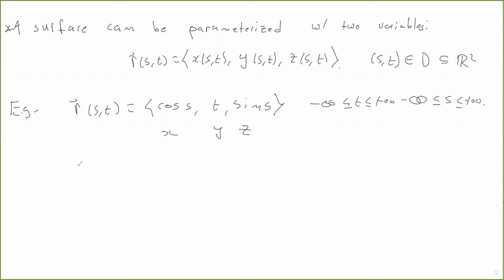Really for all values of t, this is going to be true: x squared plus z squared is equal to 1.